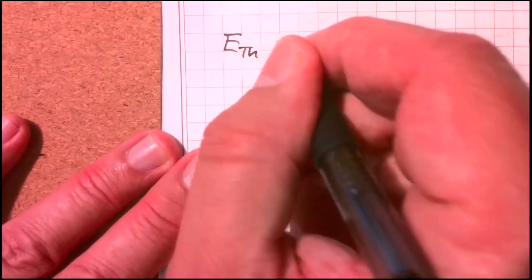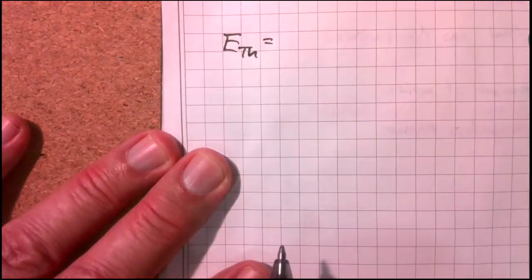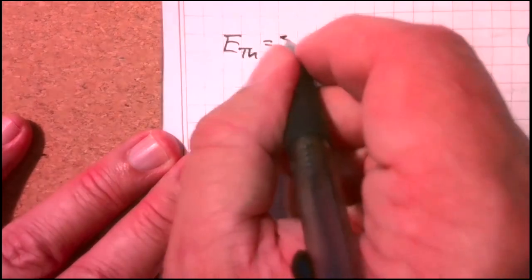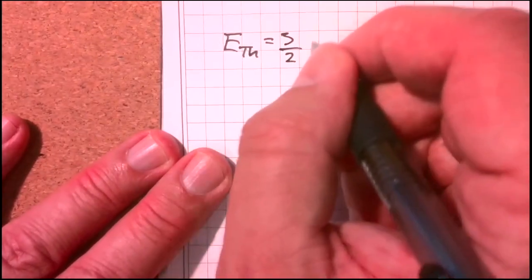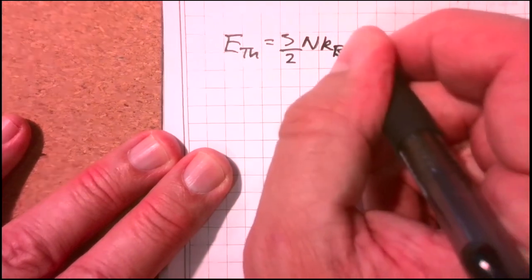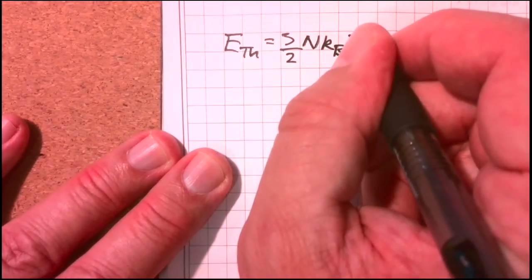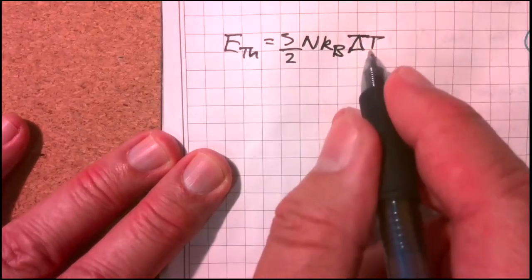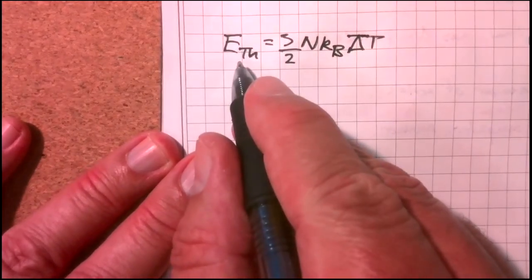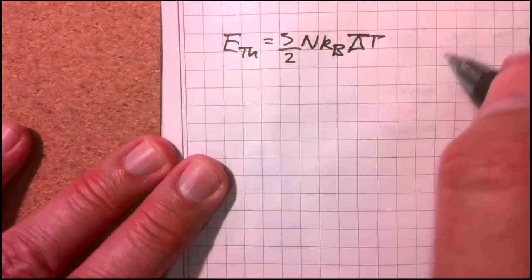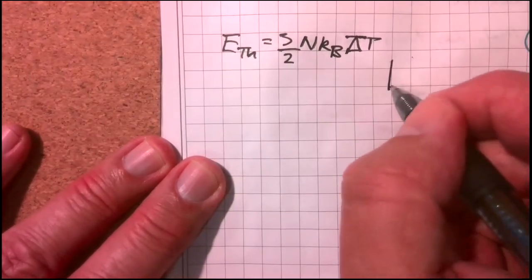We now have the equation to tell us how much thermal energy we need to supply to n number of gas molecules times Boltzmann's constant times the change in temperature, which we'll call delta T. Here's the energy that we need to supply to our system. And remember, we're talking about a closed volume.